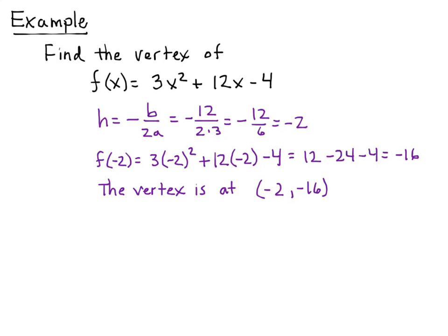Now, these turn out to be equally spaced, or symmetric, with respect to the x location of the vertex. The number of units from the axis of symmetry is the same on both sides, and that's what this part is: how far you go to the left, how far you go to the right. So if you look at just the first part of the quadratic formula, you get minus b over 2a.